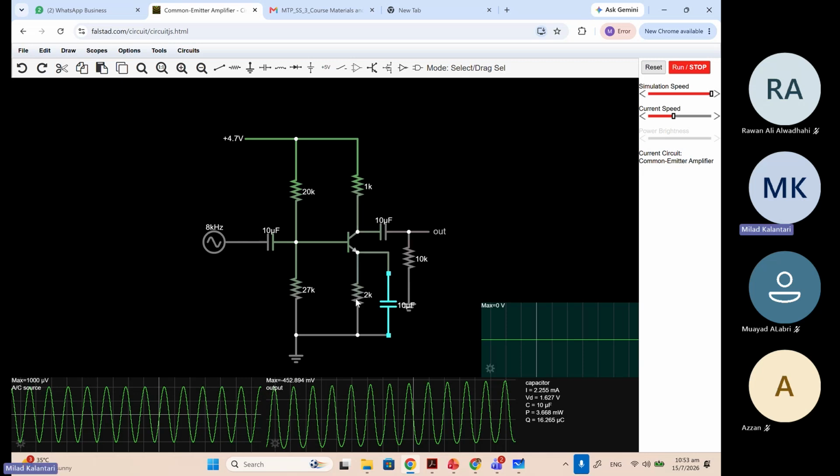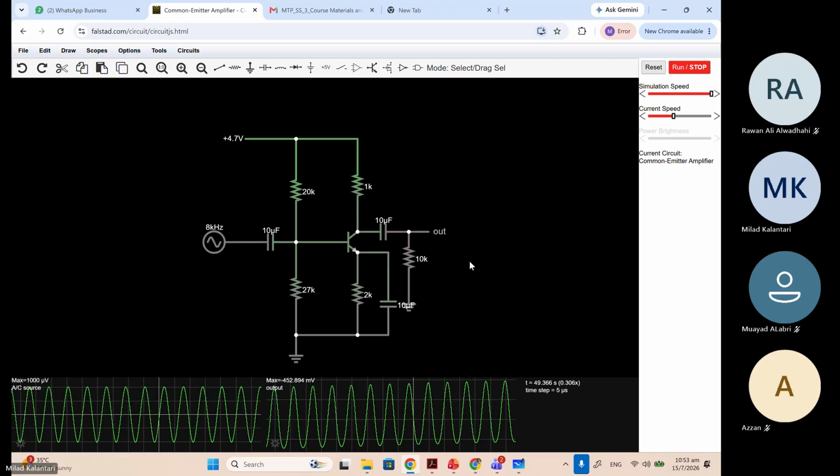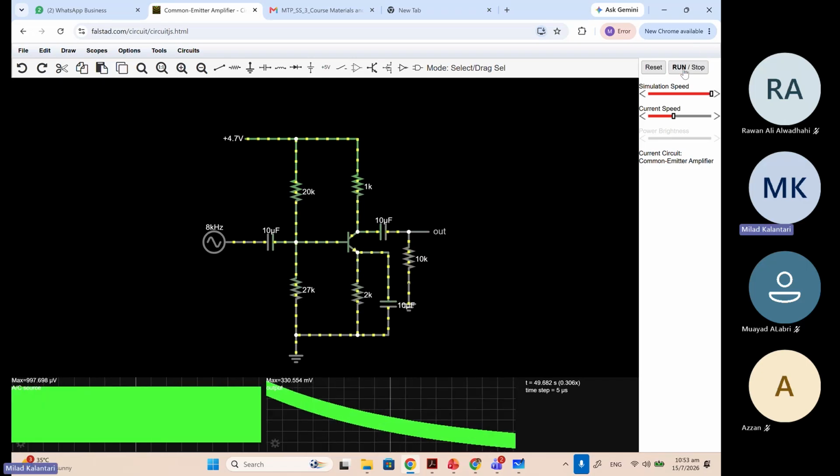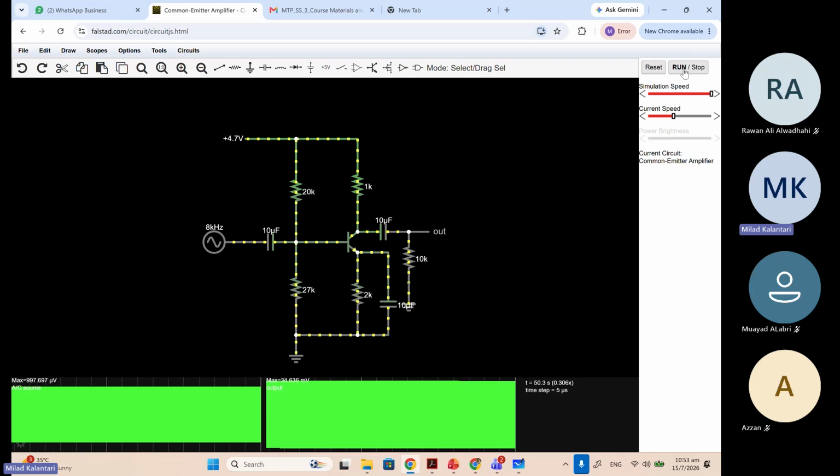No, it's very difficult. It's a very big cap, right? Something in the range of millifarad is already a very huge cap. The values are usually in the micro range in electronic circuits. 100 micro is almost the max.